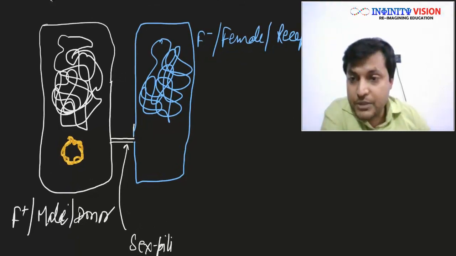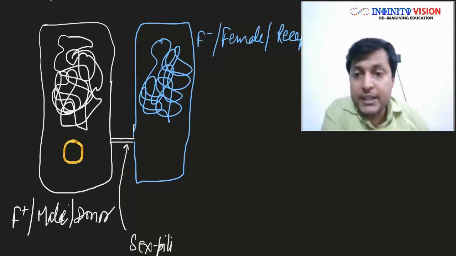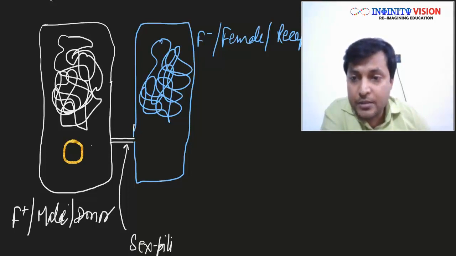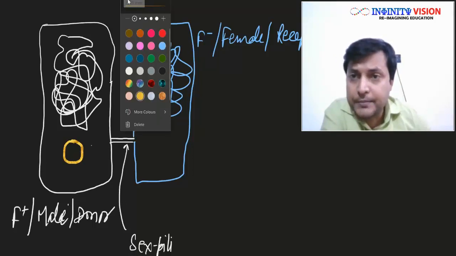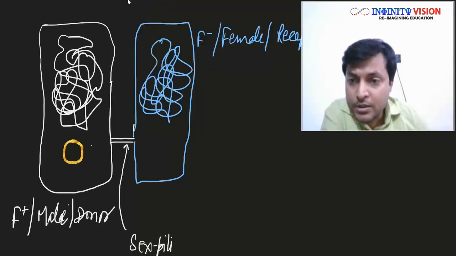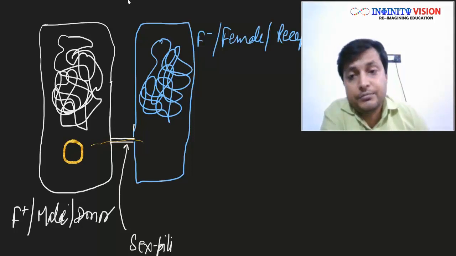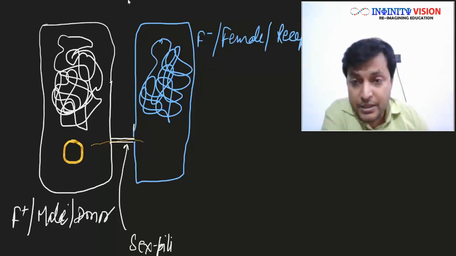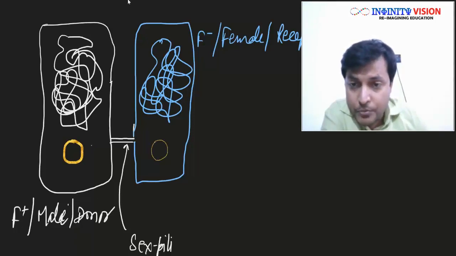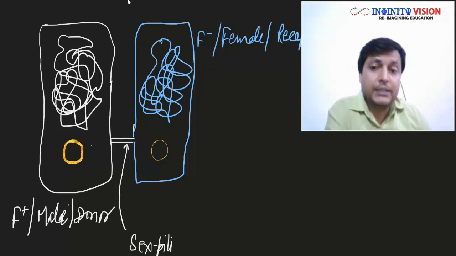Out of these two strands, one strand opens up, okay, and that strand moves through this sex pili and goes in the other bacterium. Okay, now once it reaches the another bacterium, what happens that it rolls up to form a circular structure, right?